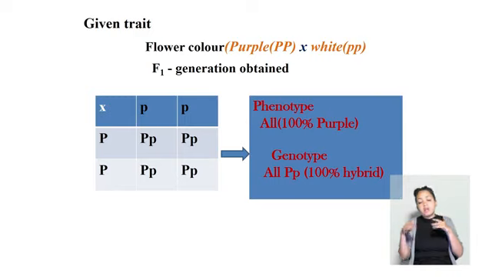By that, the character of whiteness becomes masked. So phenotypically we say all, or 100%, purple, because the trait of P small becomes masked by P capital.